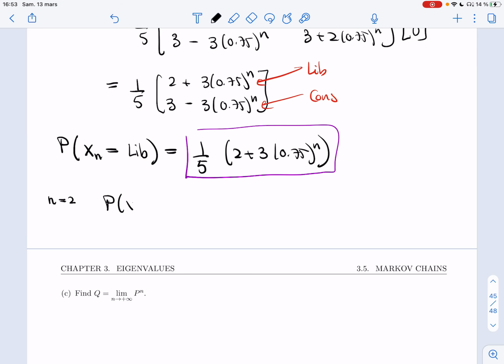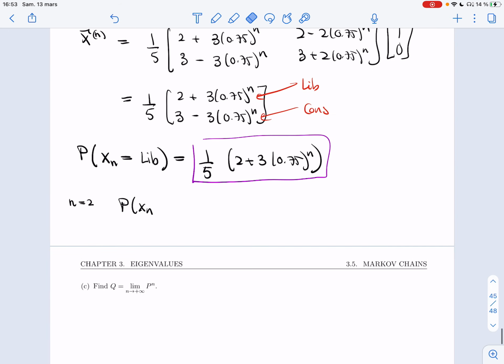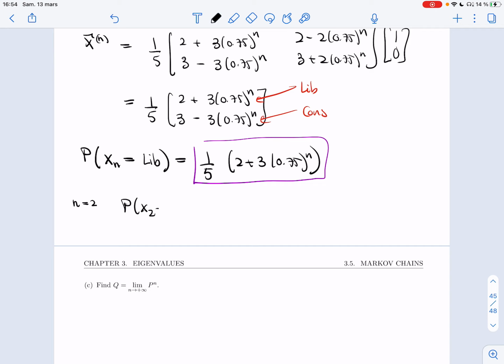So P of x2 equal liberal. That's 1/5, 2 plus 3(0.75) squared. Let's compute it together. Get your calculators out.